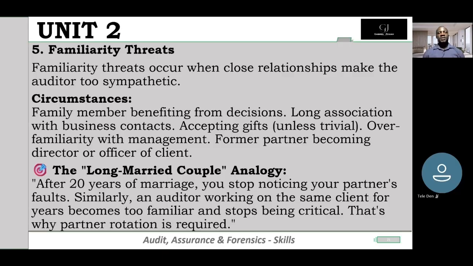This analogy will help us remember: think of a long married couple. After 20 years of marriage, you stop noticing your partner's faults. Similarly, an auditor working on the same client for years becomes too familiar and stops being critical. And that's why partner rotation is required.